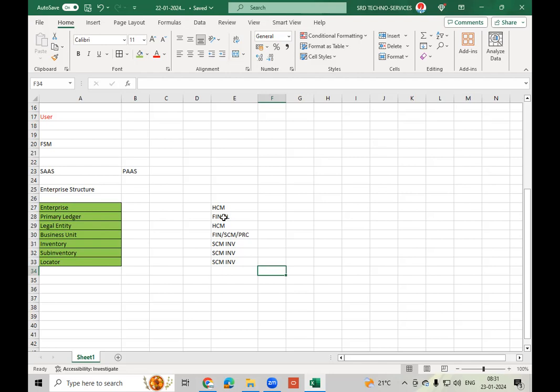Okay. So this is the overview of the enterprise structure. Slowly we'll start tomorrow with application configuration. Any questions, we can discuss. First, try to understand why this tool, the ERP tool, Oracle Fusion Cloud. You should spend time.